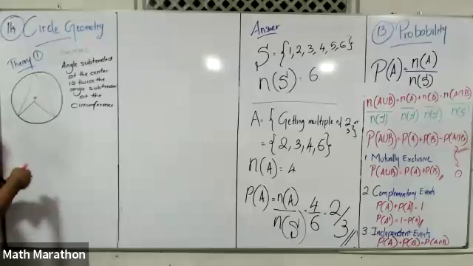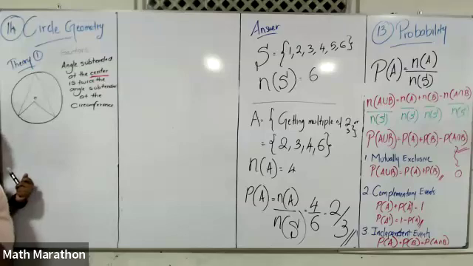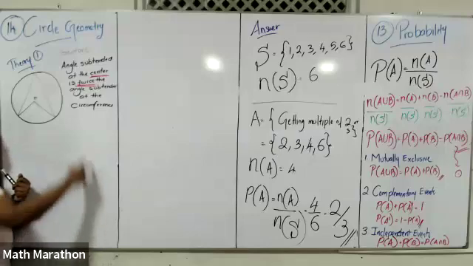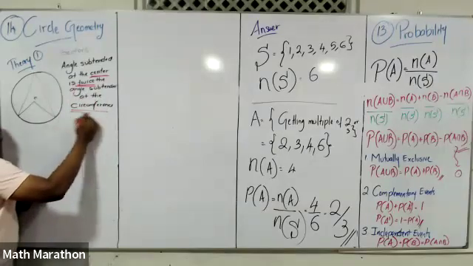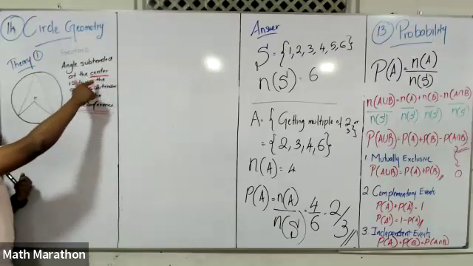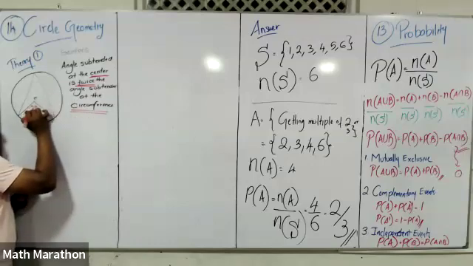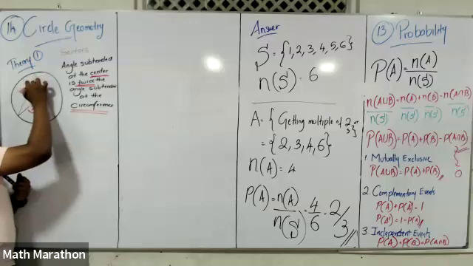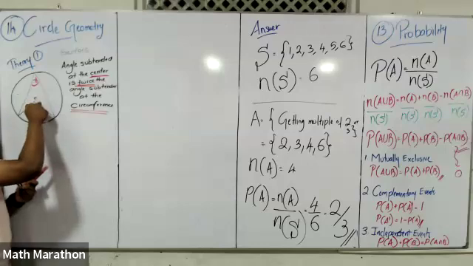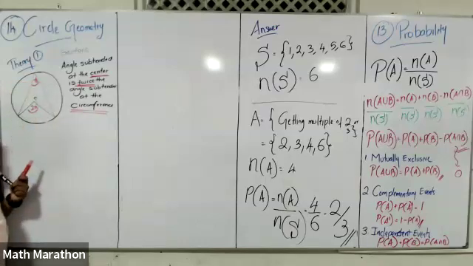Angle subtended at the center, this is the center, is twice the angle subtended at the circumference. The center is double the circumference. If this is 2x, this is x. Angle subtended at the center is twice the angle subtended at the circumference.